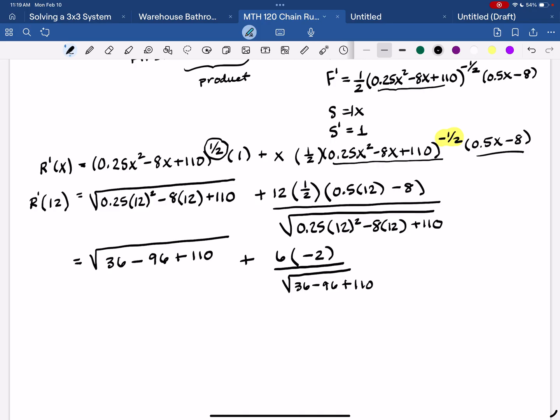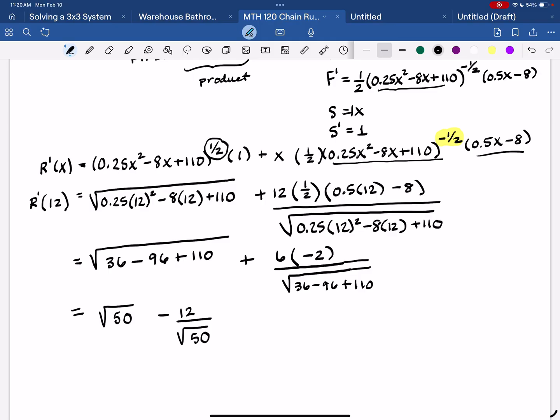Of course, you're going to need your calculator to do some of this. So I've got 36 minus 96 is negative 60 plus 110 is the square root of 50 minus 12 divided by the square root of 50.